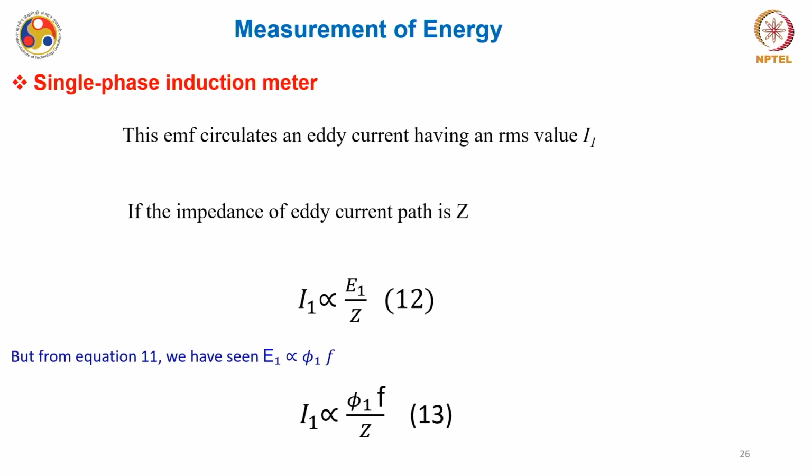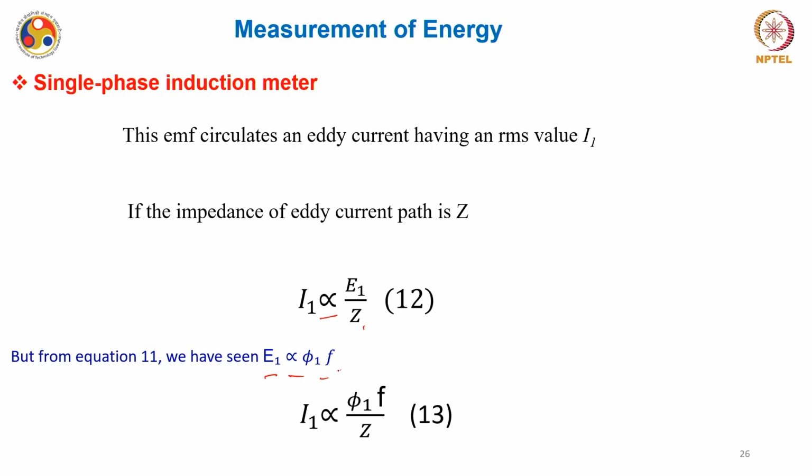Now this EMF circulates an eddy current having an RMS value of say I1. If the impedance of the eddy current path is Z, I1 can be given, in terms of proportionality, as E1 by Z, the impedance of the eddy current path. But from equation 11 we have seen that E1 is directly proportional to phi 1 into f.